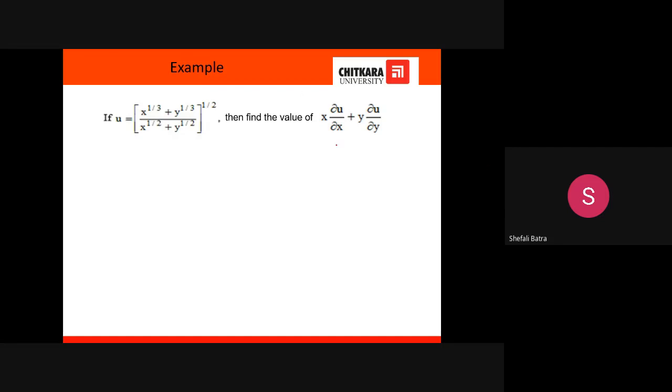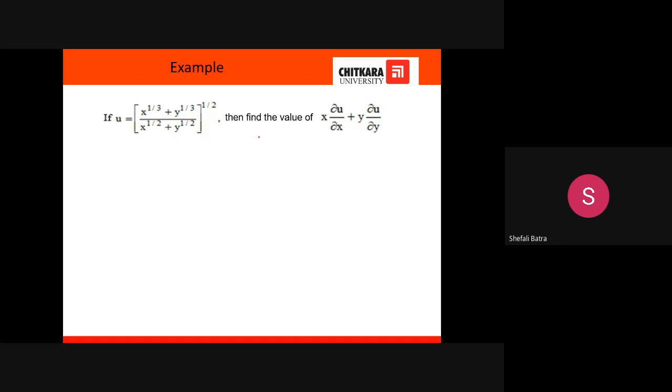Whenever it is asked, so first try is, can I make it homogeneous? Can I express in that form x power n into function of y by x? If it is yes, then I can apply Euler's theorem. Okay, it is not mentioned that using Euler's theorem evaluate this. It is your understanding, can I apply here Euler's theorem?